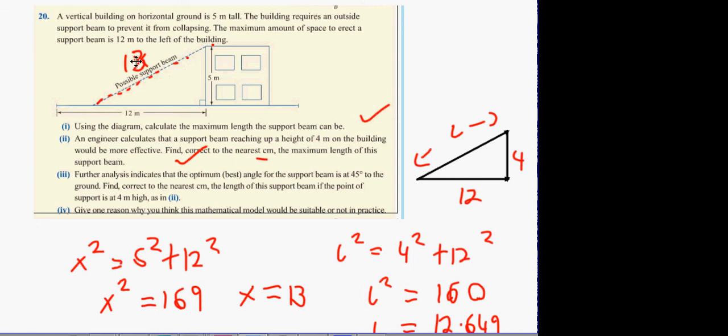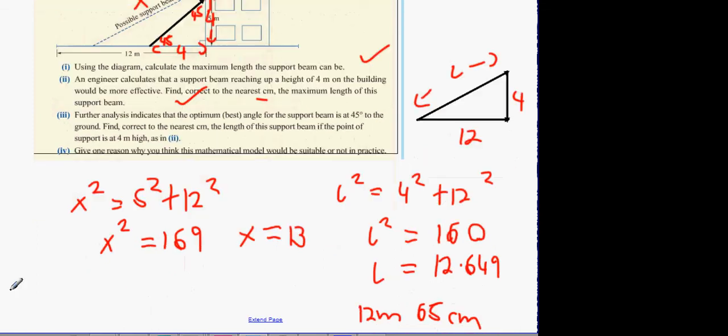When you have a right angle, and I'm told that this here is 4 meters, like so, and this is 45 degrees, that means that this one up here has to be 45 degrees. What type of triangle does this make? Isosceles, which means that also has to be 4. 4 and 4.